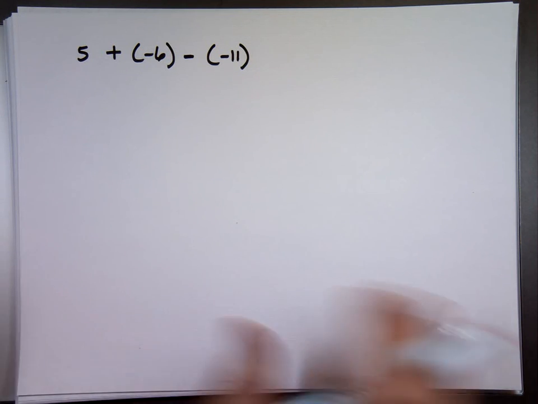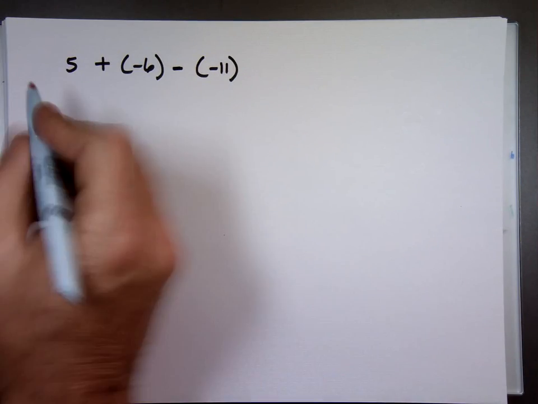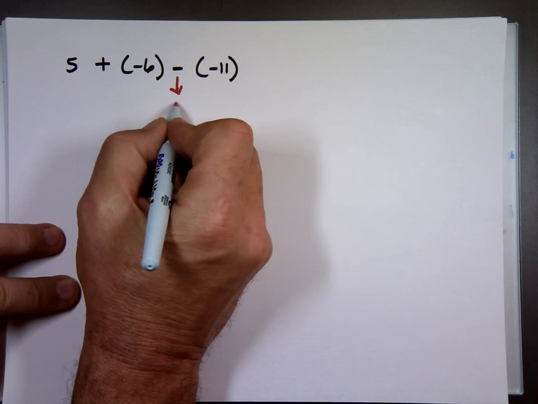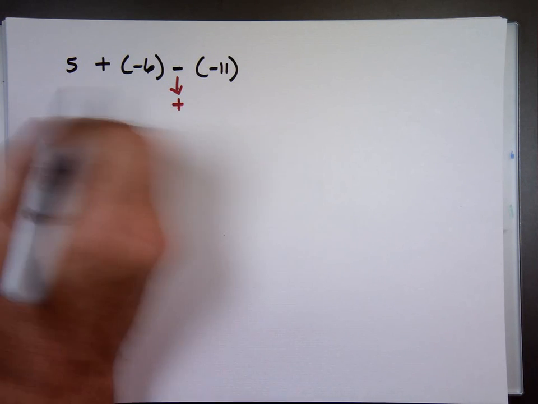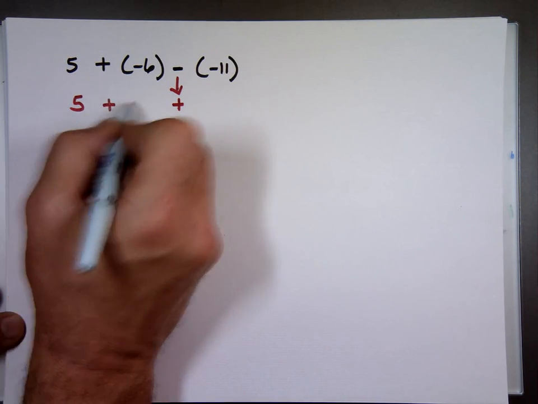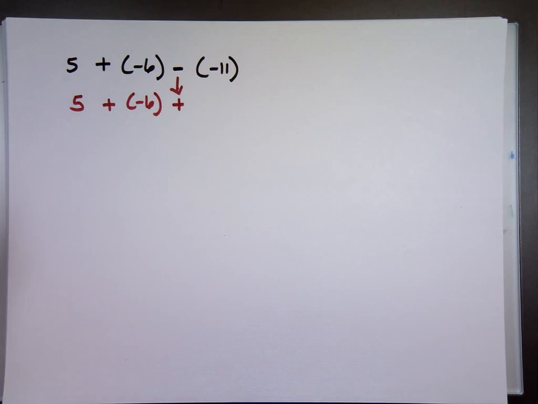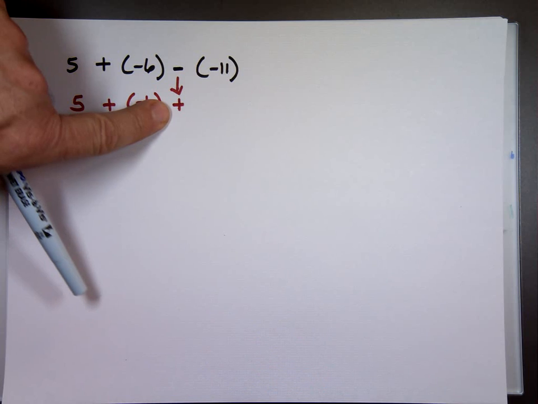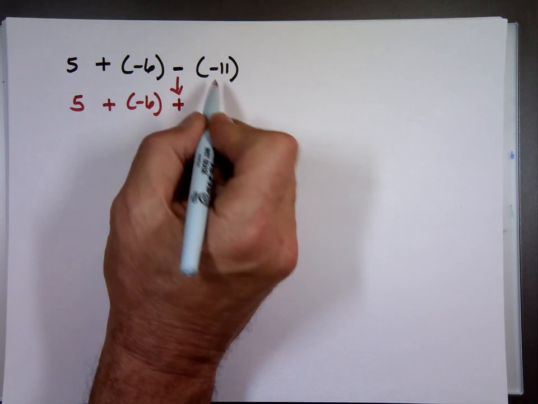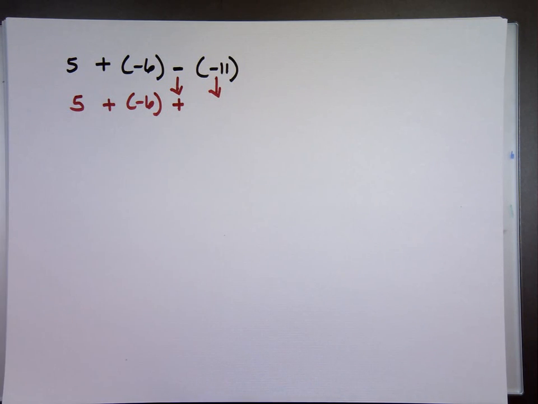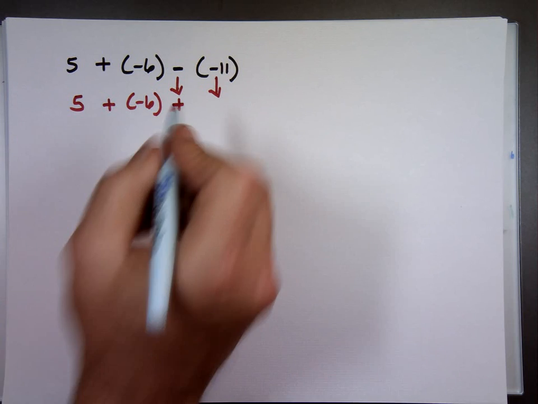So the first two are going to stay the same till we get to that one. We're going to change it to a plus. So the first two, no change, because these are addition. Here is a subtraction. Change the minus to addition and do what? The opposite of that number, which is what? 11.